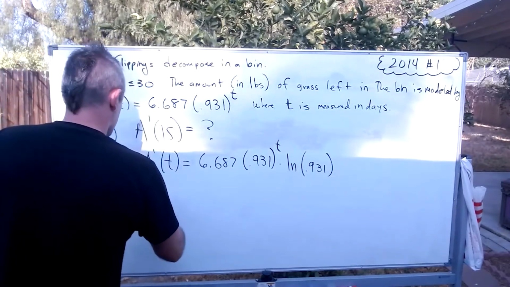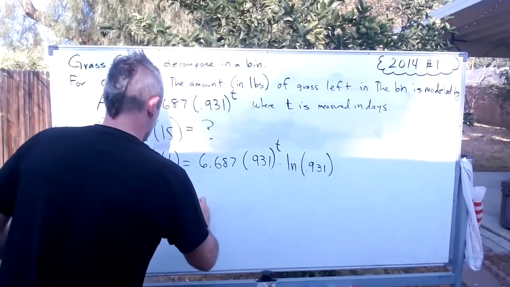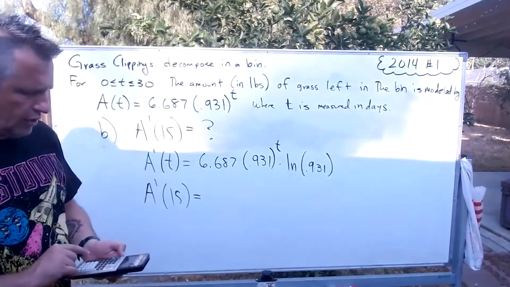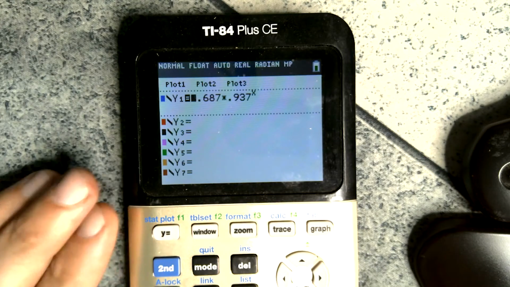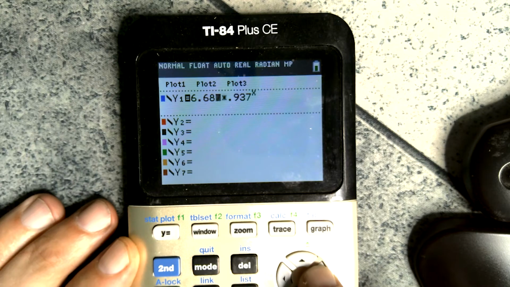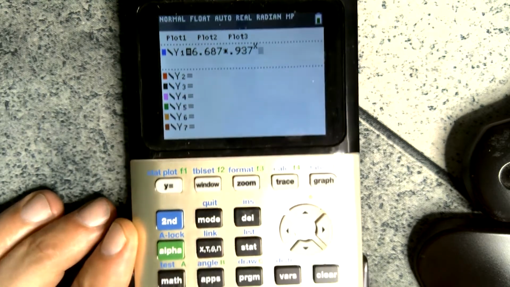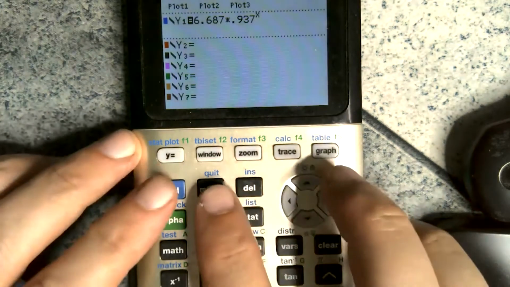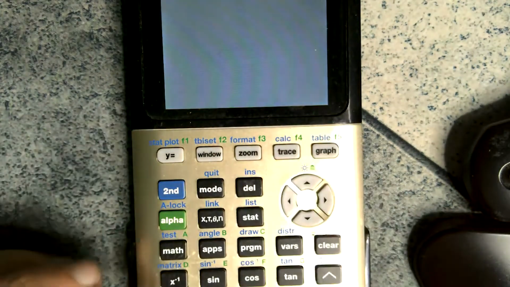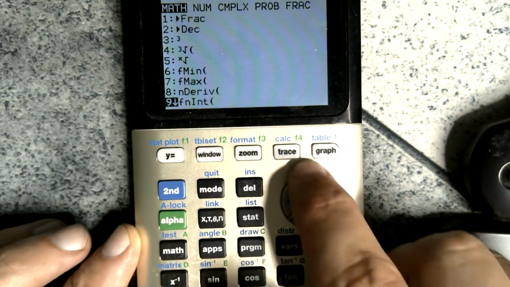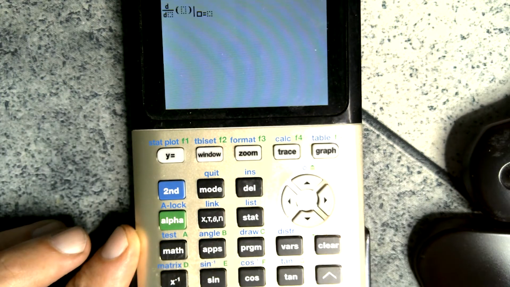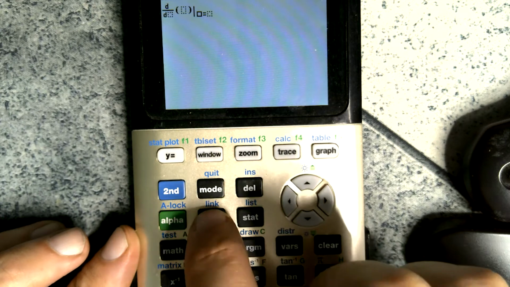It turns out that A prime of 15 can be calculated with your calculator, again, using the fact that you've already put y1 in your calculator as the function. You can then find the derivative of this function with respect to x very easily, and then plug in 15.